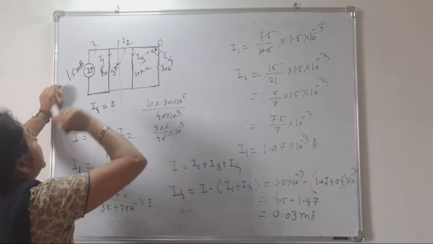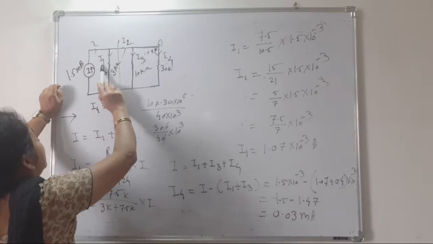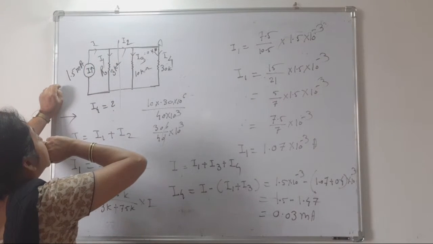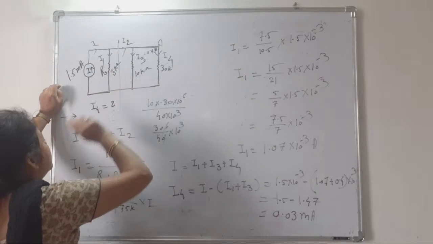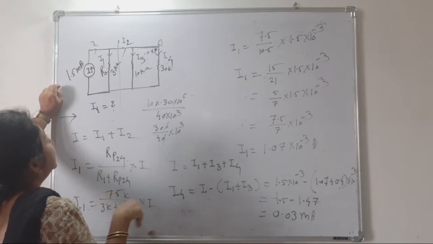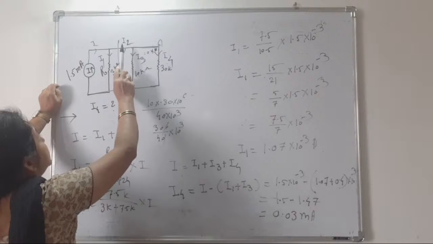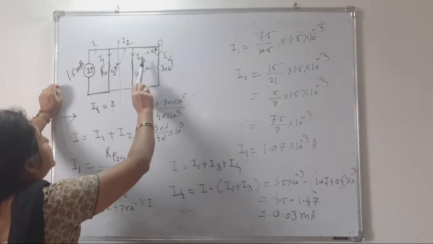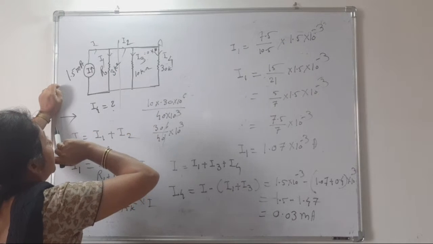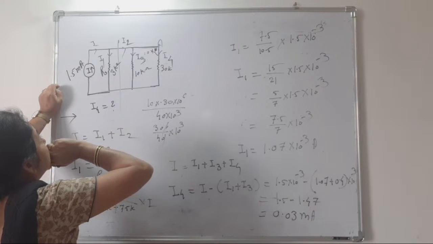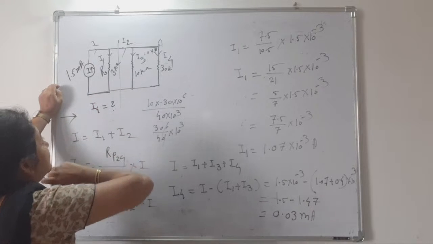By using that, you know I but you don't know I1 and I2. So they simplify for I2 directly, not necessary to calculate I1. And I2 is equal to this plus this, I3 plus I4. So not necessary to calculate I1.